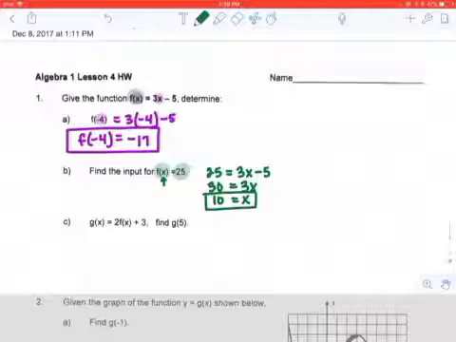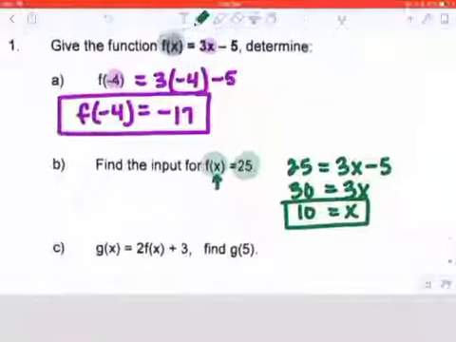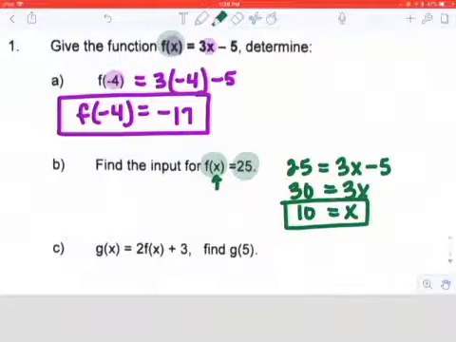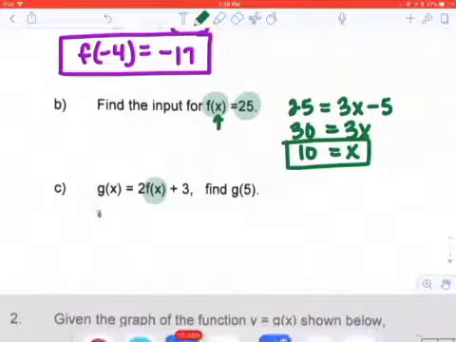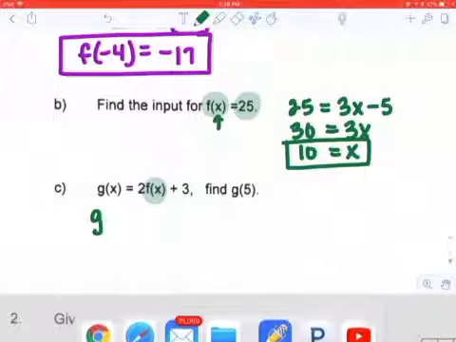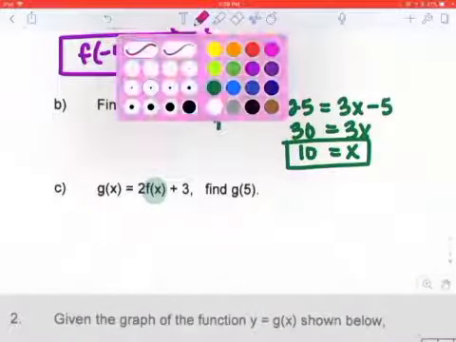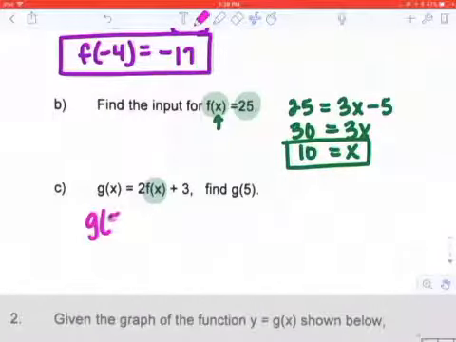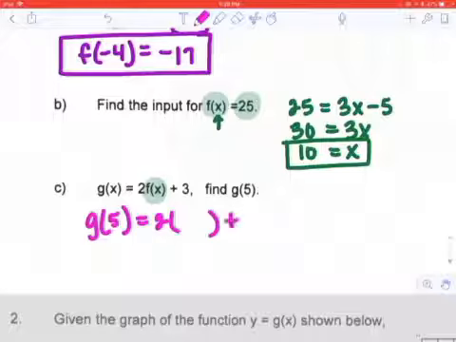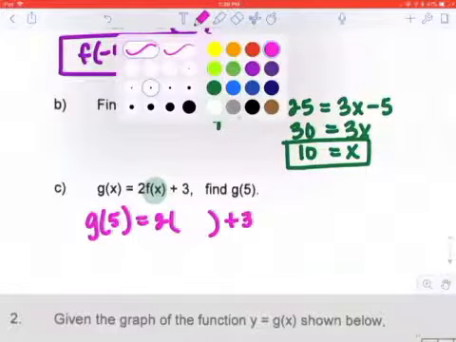Okay, C is a function within a function. It's taking the f of x function, multiplying it by 2, and then adding 3, and that gives us the g of x function. So in order to find g of 5, we need to figure out what f of 5 is. g of 5 is going to be 2 times whatever f of 5 is, plus 3. So that's what I'm going to work on right now.